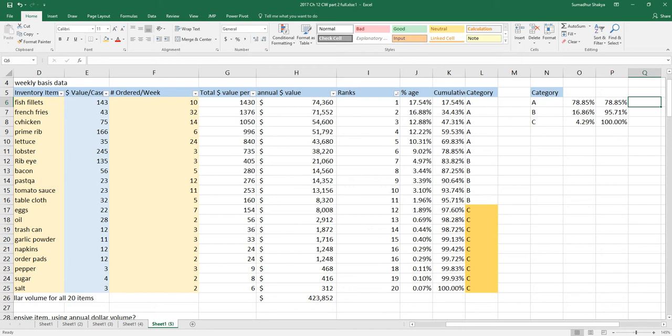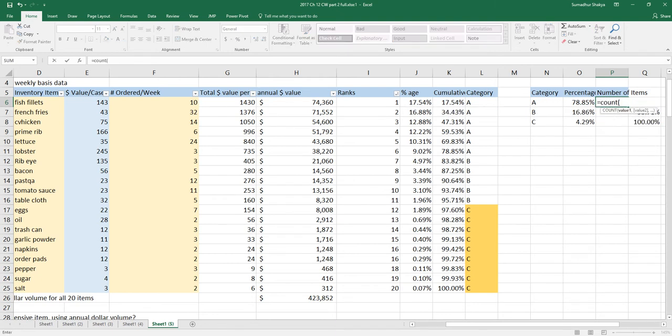Also, if I wanted to project the numbers in addition to the dollar volume, now this is percentage, and this is number of items.